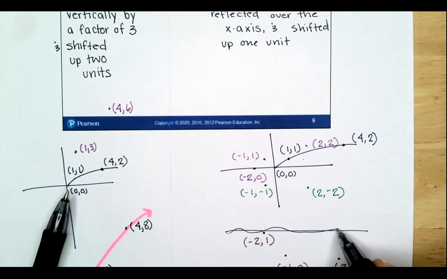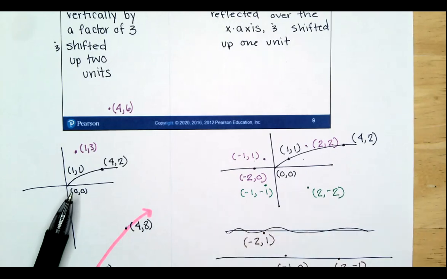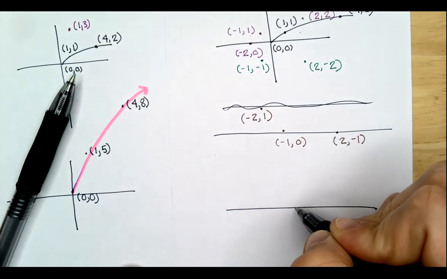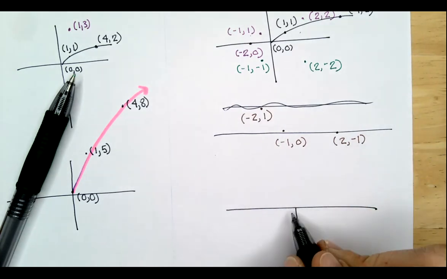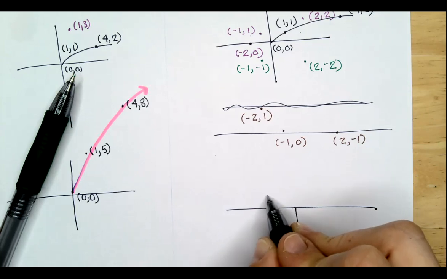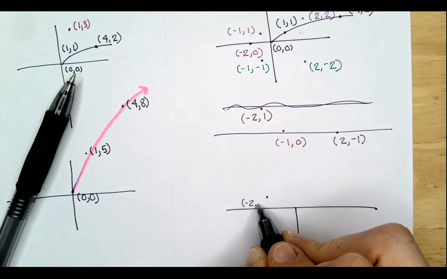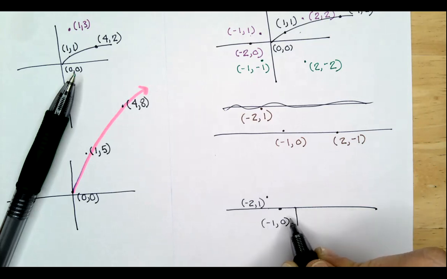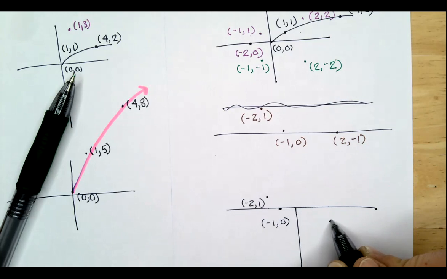Oops. Okay, I'm just going to start over. So it was negative 2, 1, negative 1, 0, and 2, negative 1. Gets complicated.